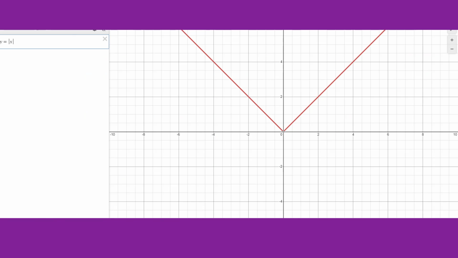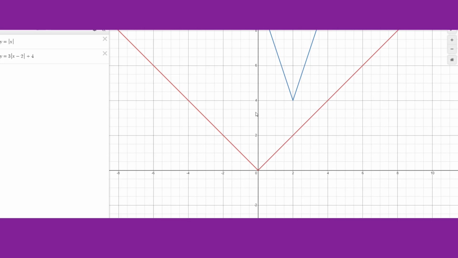All right, so here's our parent function. We've got y equal absolute value of x. Now, let's look to see what our transformation is on y equal 3 absolute value x minus 2 plus 4. So y equal 3 absolute value x minus 2, and then we have plus 4. All right, so we can see the transformation there.